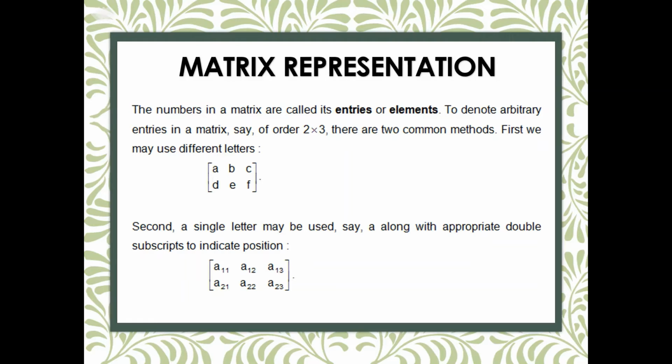To denote the entries in a matrix, say of order 2 by 3, there are two common methods that can be used. First, we may use different letters such as A, B, C, D, E, F. Second, a single letter may be used along with appropriate double subscript to indicate the position. For example, A11, A12, A13, and so on.